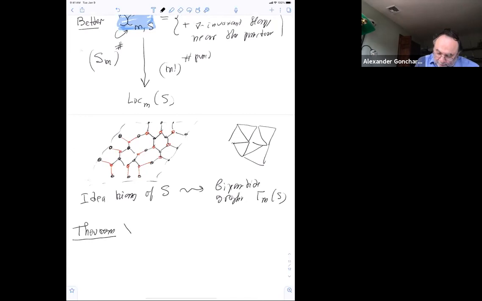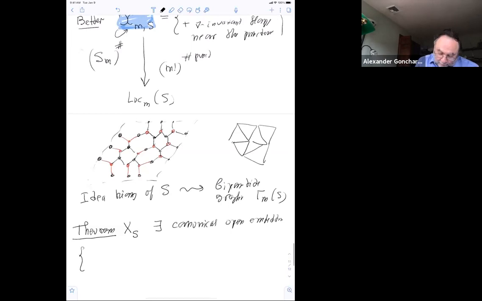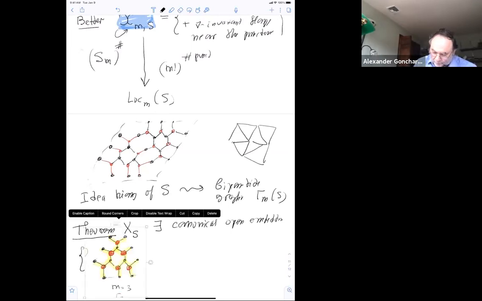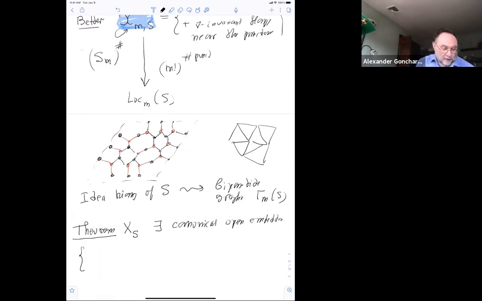I can label this theorem X related to S, that there is this canonical Zariski open embedding, where on one hand side you have flat R-line bundles on this graph gamma_S.